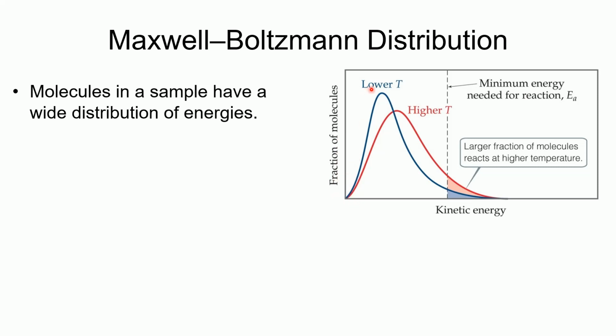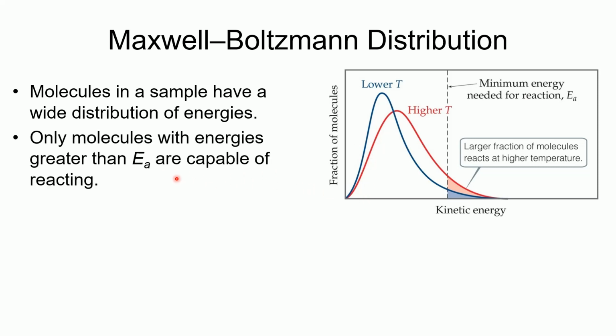So for example, on this blue line, you'll see that the blue line is very close to the origin here. So that means there's not very many molecules that are moving very, very slowly in this sample. The vast majority of the molecules are moving much faster than that. Some of the molecules are moving slowly, some of them are moving much faster, and so have much higher kinetic energies, and some fraction of the molecules will have energy that's greater than this dotted line.